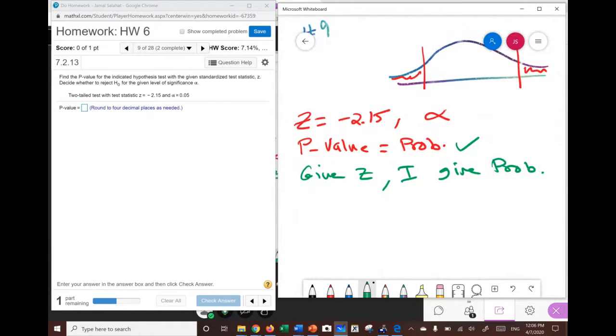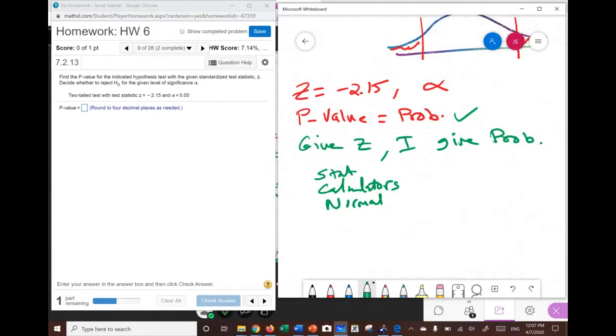How we do that, we said this before, is you're going to go to stat, calculators, normal, and then you give it this z. Remember, because this is a two-tail test, there are two values in here.